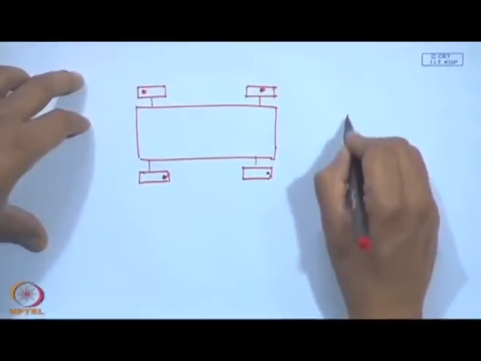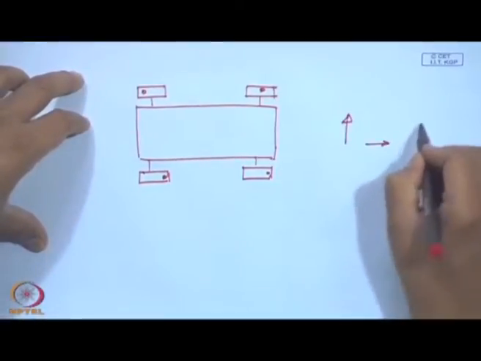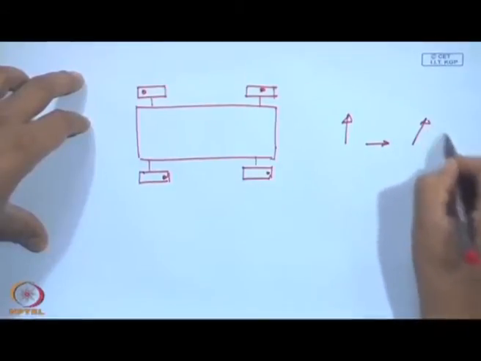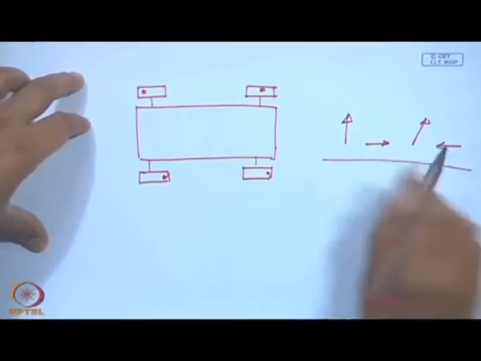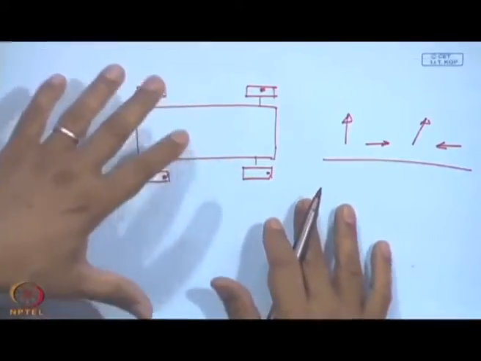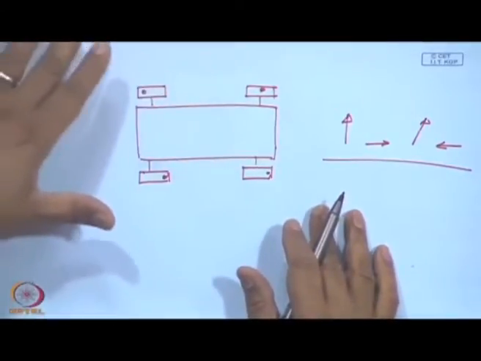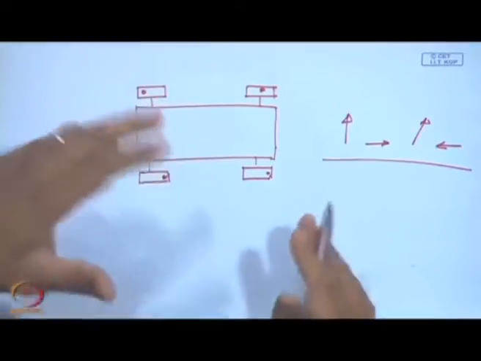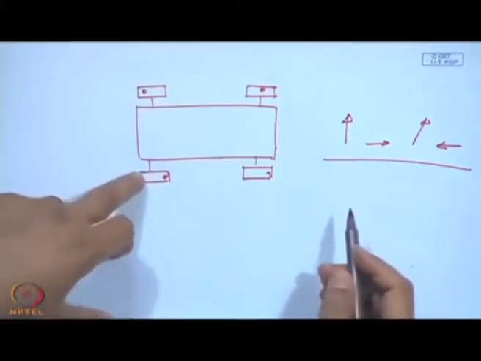When one is giving the force in this direction, other is giving it in this direction, other is giving it in this direction, other is giving it in this direction. So, imagine you have an erratic motion of a vehicle, and these are undesirable, bumpy rides, forces coming from the wheels because of unbalance.